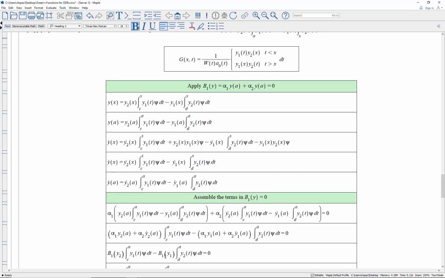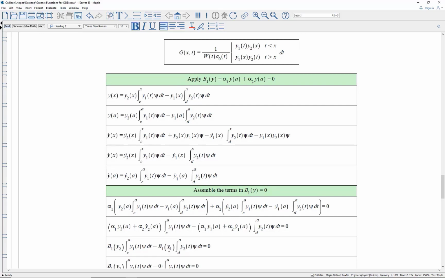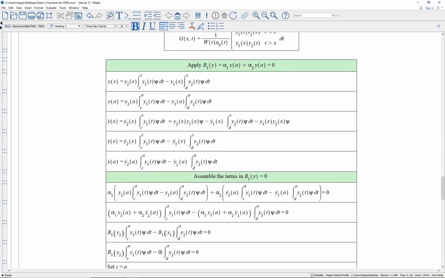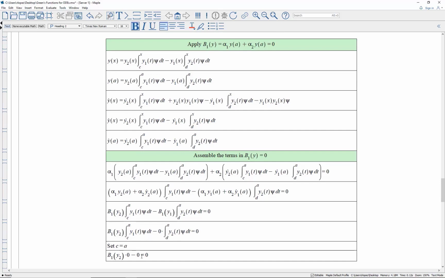But B1 on y1 is chosen so that you get 0. That's what this 0 is. In order to get this piece to be 0, you pick C to be A. Then this integral vanishes. So that takes care of one of these boundary conditions.